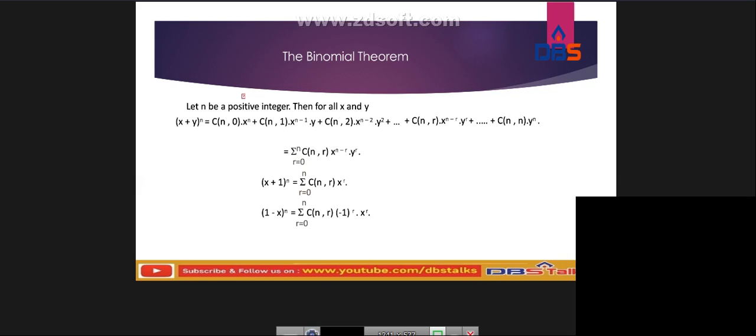And (x + y)^n = C(n,0) x^n + C(n,1) x^(n-1) y + C(n,2) x^(n-2) y^2 and so on plus C(n,r) x^(n-r) y^r plus and so on plus C(n,n) y^n. This is sigma r = 0 to n C(n,r) x^(n-r) y^r.